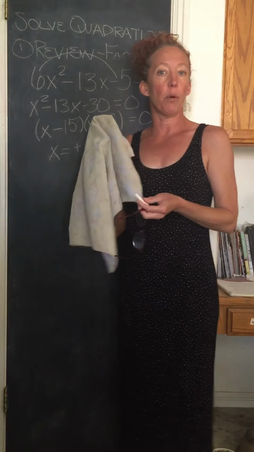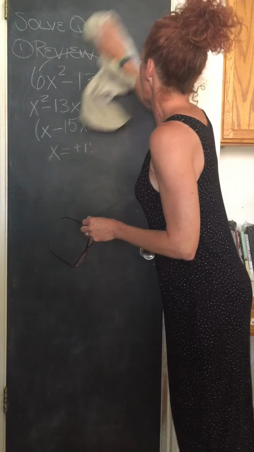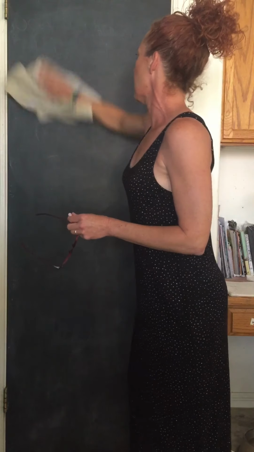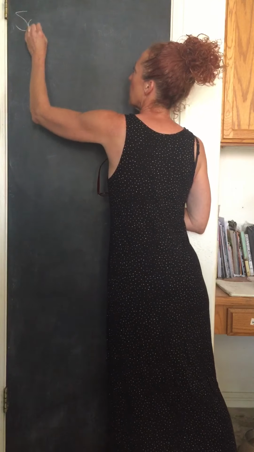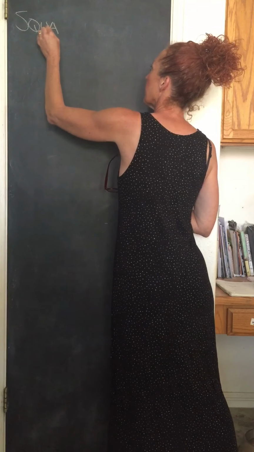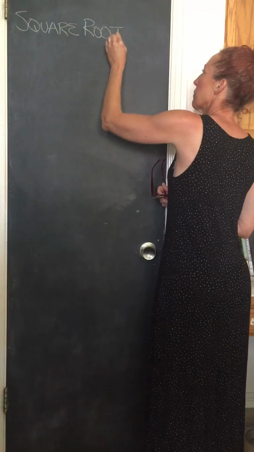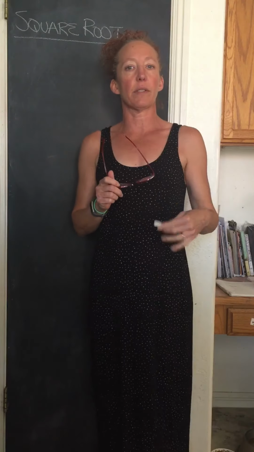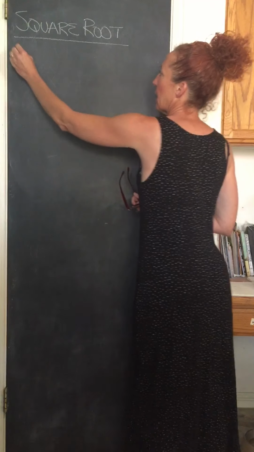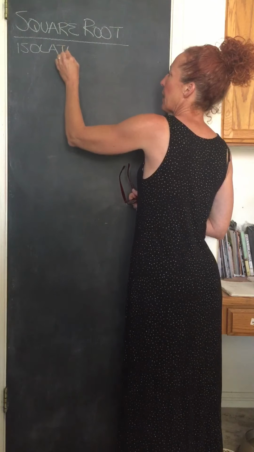And so in 11.1, the very first lesson we see is solving by something called the square root method. All right, so the square root method looks something like this. We are going to isolate. Remember, that's just that fancy word that means get by itself.